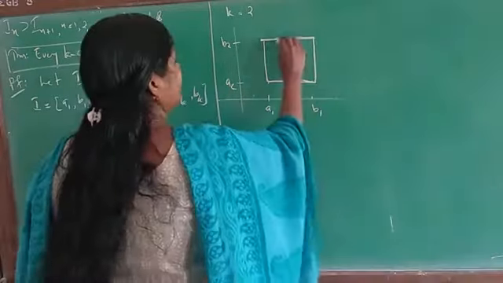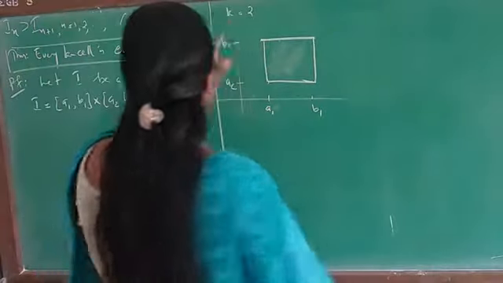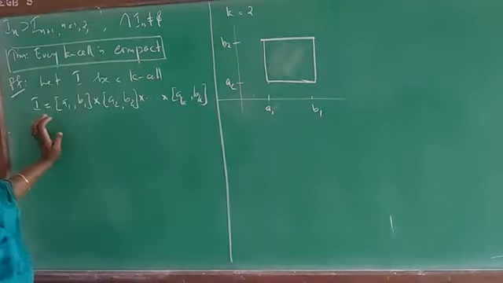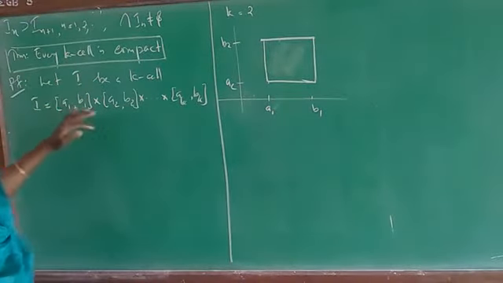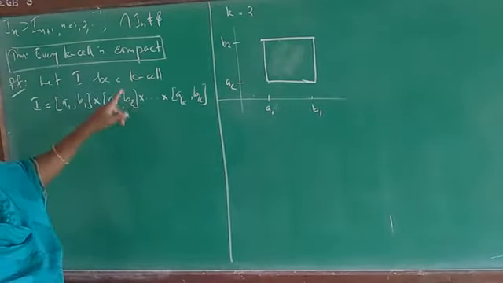So this is the case when k is equal to 2. We have to prove that a K cell is compact. In general, I is any K cell, and we have to prove I is compact.